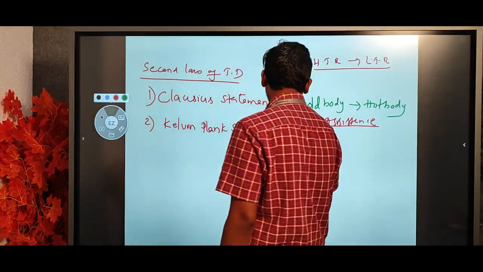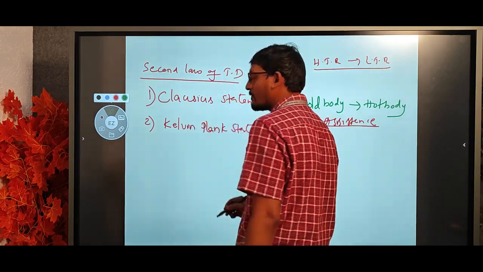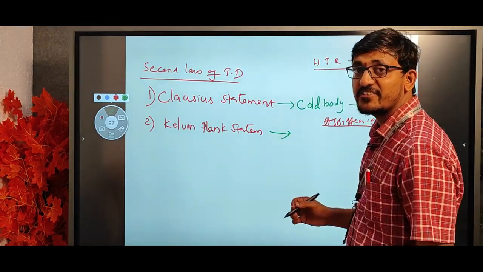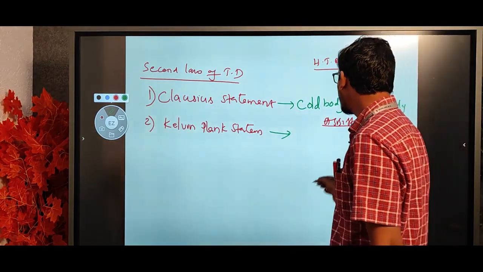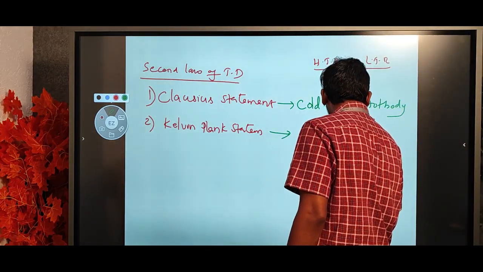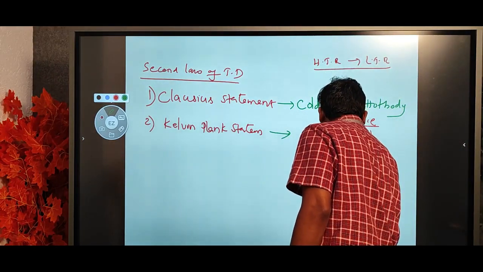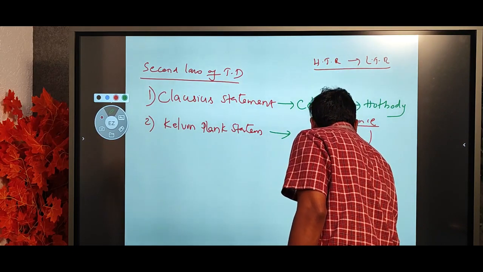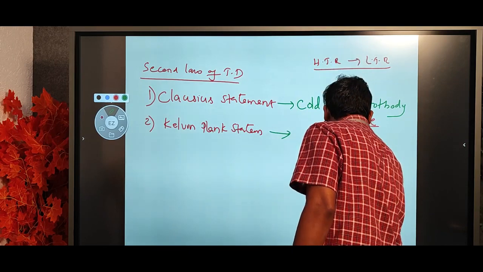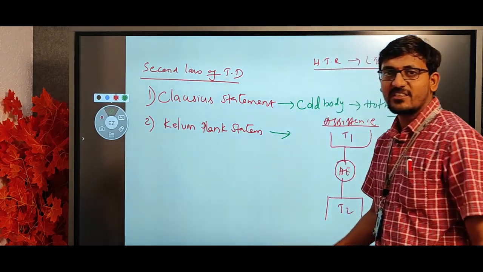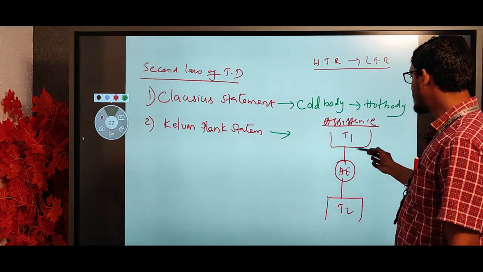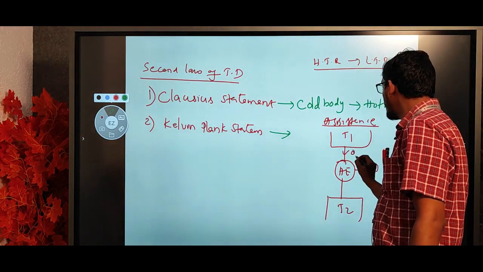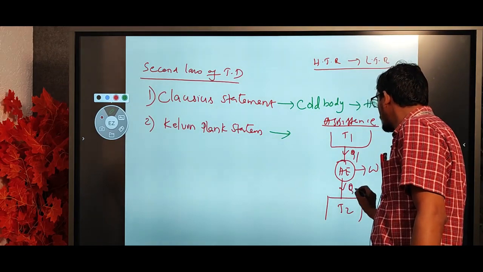Then what about the Kelvin-Planck statement? This statement states that it is impossible to construct a machine which gives 100% efficiency, which is working at a single thermal reservoir. Let's suppose consider a heat engine which is working between two reservoirs, and we are obtaining some work output, and this is Q2.